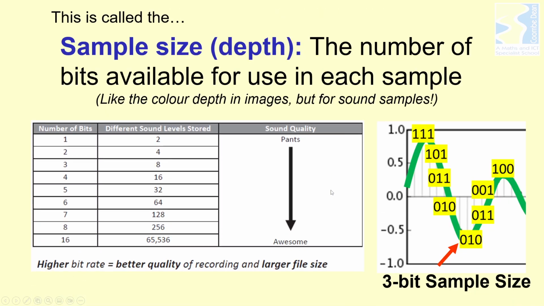So sample size, or sample depth as it can be referred to, is the number of bits available and used for each sample. In this example here, look, I've got 3 bits that are used for each sample. Each sample, 3 bits of data are stored. The more bits you have, the better the quality, the more sound levels that can be stored, from rubbish down to awesome, but also the larger the file size as well.